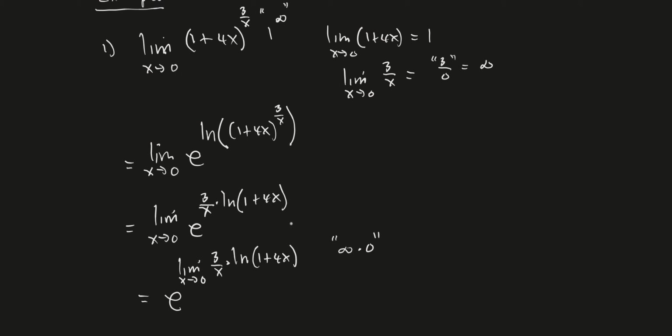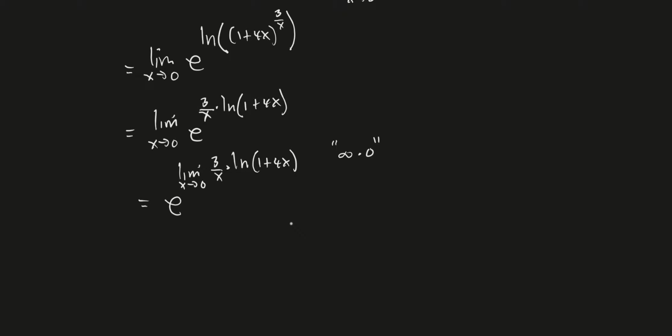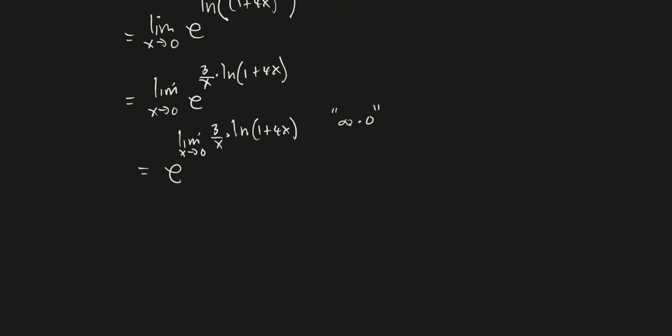Now we're almost there, because what we would like to do is to get this in either 0 over 0 or infinity over infinity so that we can use L'Hopital's. But in this case, the algebra is very, very straightforward. There's no massive trick, because all I have to do is to treat these now as two fractions, just multiply the top.